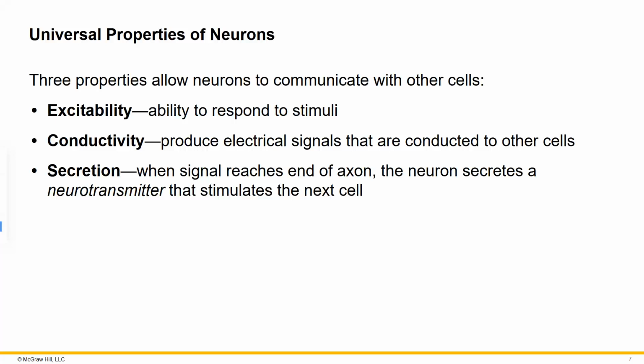So neurons are going to release chemicals to tell the next neuron to do something. So we start with some type of stimulation, some type of receptor, and that receptor senses a change in the environment. That change in the environment can be detected by causing a change in the neuron.